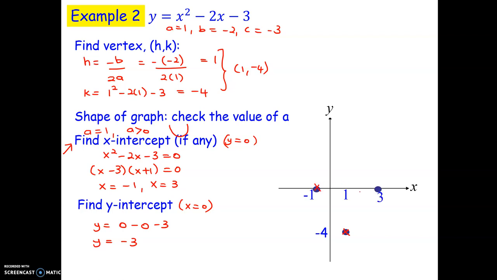And then the y-intercept is at y equal to negative 3. So this is the y-intercept. Now let us draw the graph. This must be a smile graph, or an open upward. Basically you connect all the points and this is the graph. So this is y equal to x squared minus 2x minus 3.